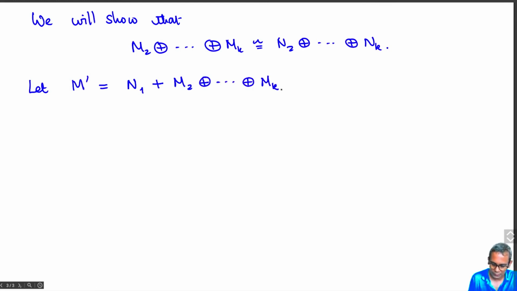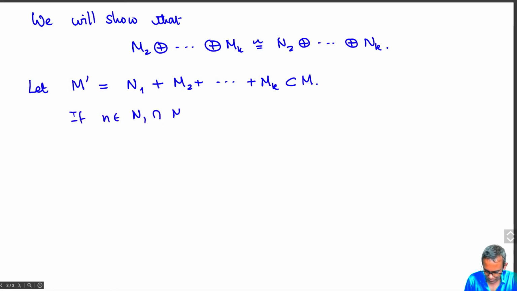What I mean is you could just put plus here, but this sum will be direct, and this is a submodule of M. Now if n belongs to N1 intersect M2 plus ... plus Mk, then P1 n has to be 0 because P1 vanishes on M2 direct sum ... direct sum Mk.